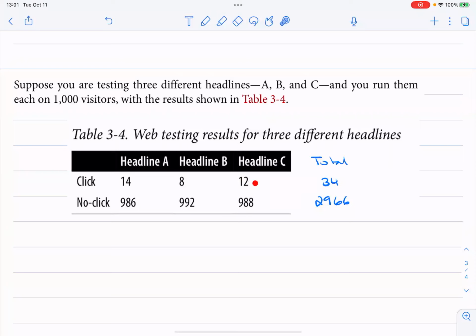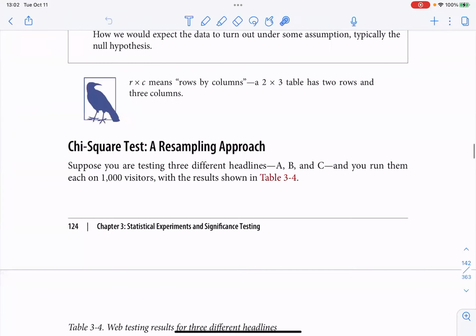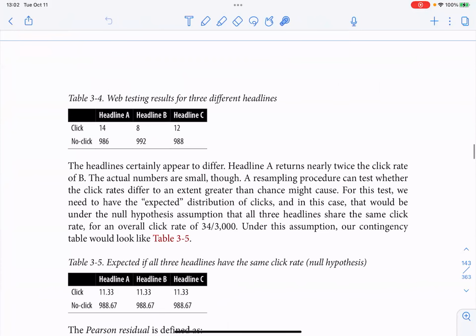maybe very similar to headline C, but headline B doesn't look that good, right? So now we want to know if there's a significant difference between these. Okay, so what can we do? The expected distribution of the clicks would be that these 34 clicks out of 3,000 are just going to be spread out evenly, right?